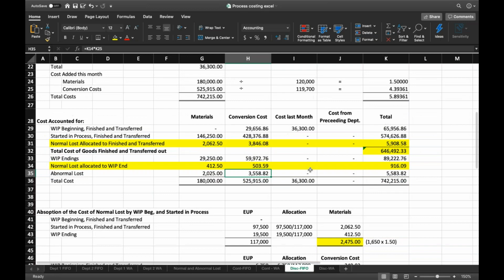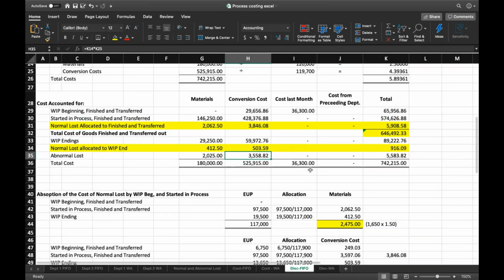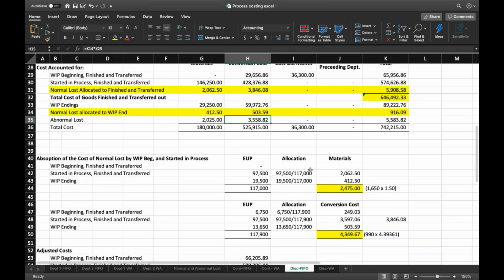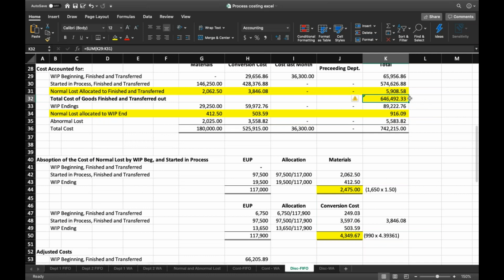Let us now adjust the cost of goods finished and transferred to the next department. The 646,492 will be allocated to only two. Work in process beginning, I'm sorry, work in process, three pala: work in process beginning, started in process, and then there is allocation to work in process end.